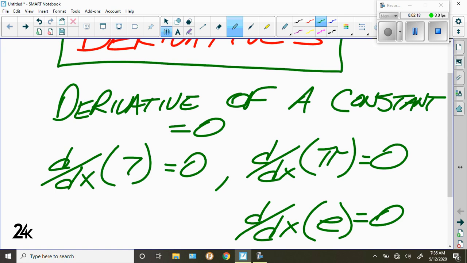Well, that's 0. So that's the first rule: the derivative of a constant is 0. It doesn't matter how big or how small, positive or negative. I could change this to -7, and the answer would still be 0. It's all 0 when it's just like that. So that's rule number 1. You can pause it if you need to, but that's pretty doggone easy, right?